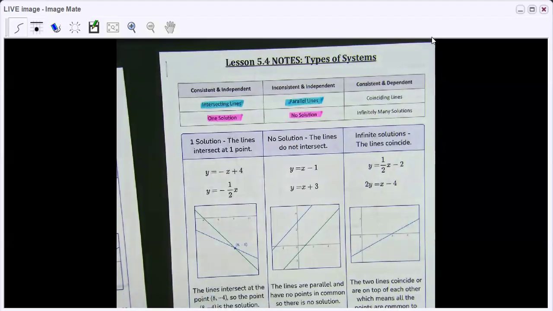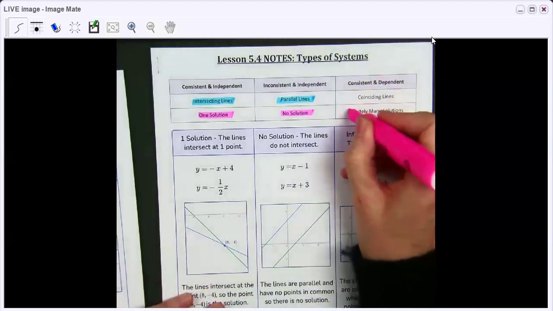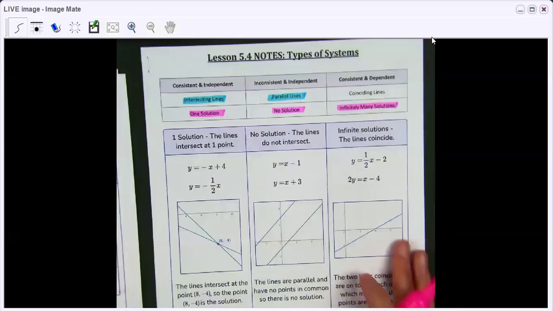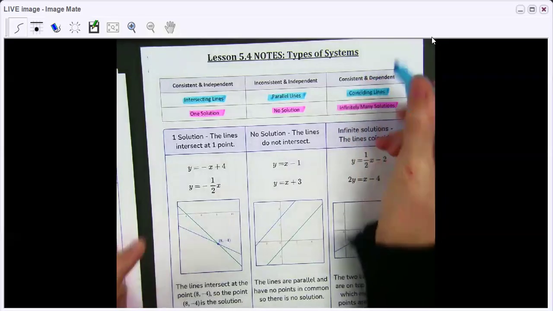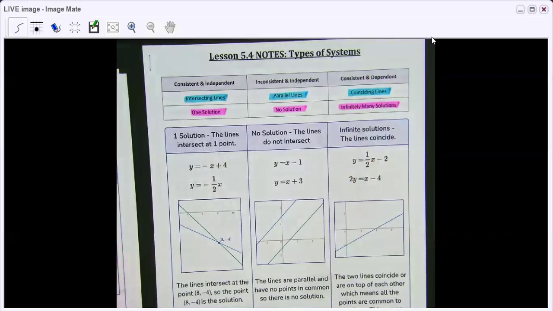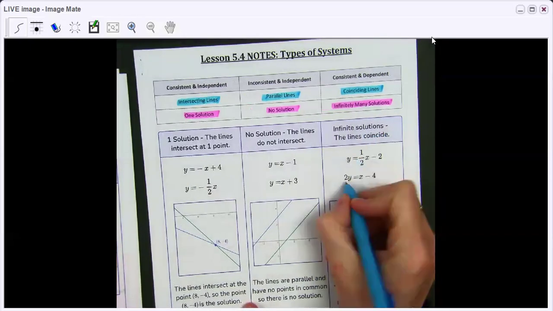And then you have lines that coincide. That means they are the exact same equation. And so when you graph them, they'll lie on top of each other. Again, we call those coinciding lines. Now, I want you to look at these equations. They don't look alike, right? But watch what happens when I solve this one for y.